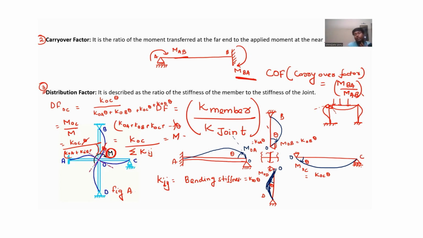So now, can you tell what will be KOC? KOC is 3EI upon L. Then for KOD, same, 3EI upon L. KOA is 4EI upon L. Now you are getting why we derived all those formulas.